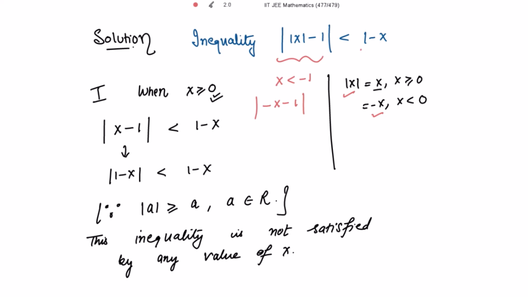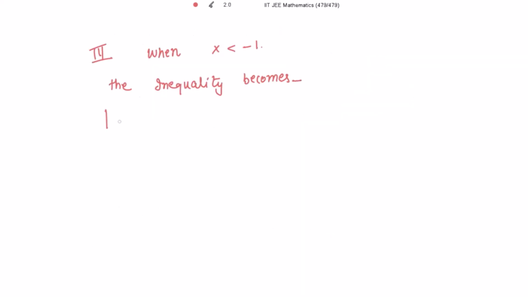And on the right hand side as it is. So it is mod of -x minus 1 strictly less than 1 minus x. This further implies mod of 1 plus x is strictly less than 1 minus x. That implies, okay, mod of 1 plus x, because x is strictly less than -1, this mod becomes negative of 1 plus x.